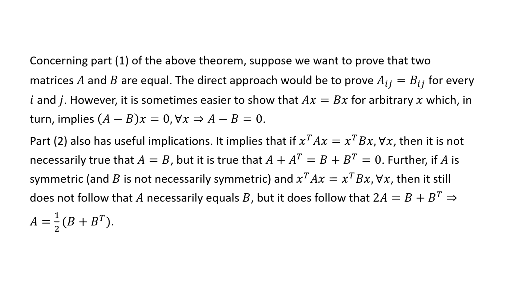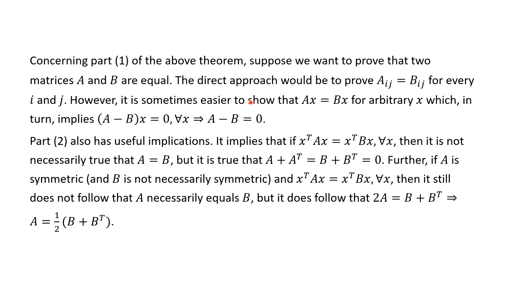There's at least a couple of ways we can make use of the theorem from the previous slide. 2 points here. Concerning part 1 of the theorem, suppose we wanted to prove 2 matrices A and B are equal. You could do that a couple of ways. One is a direct approach where you show that A_ij equals B_ij for every i, j, in other words, for every entry.